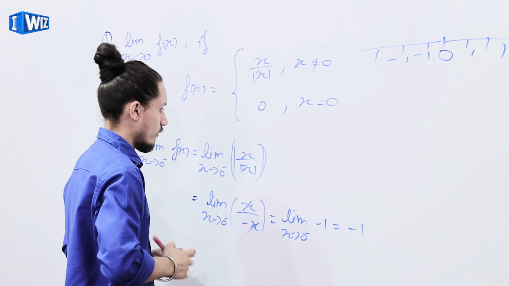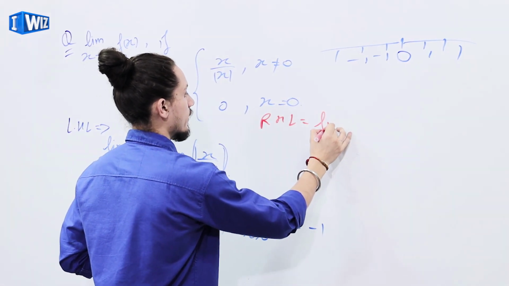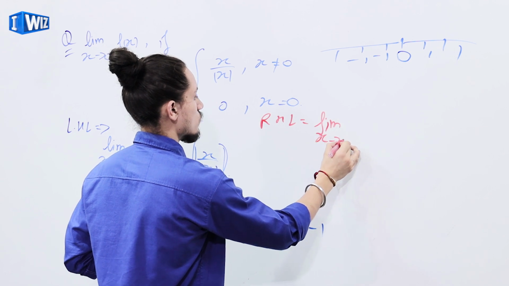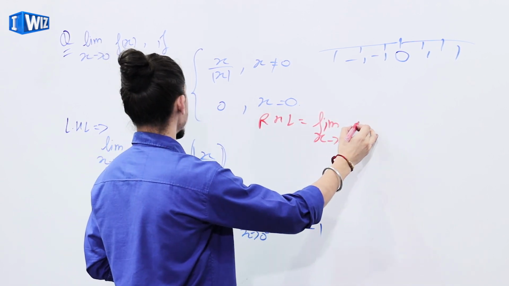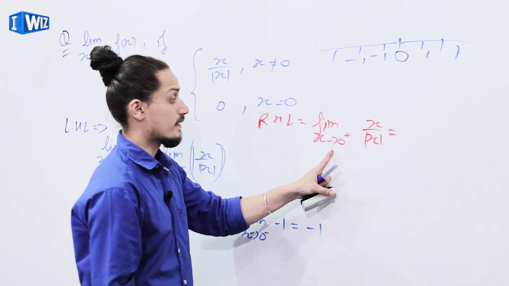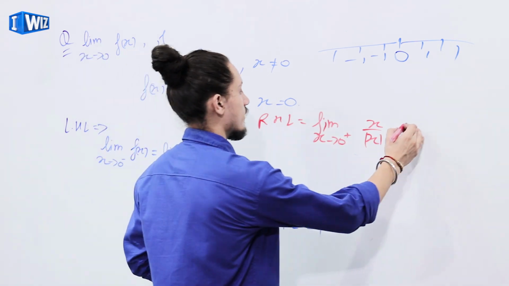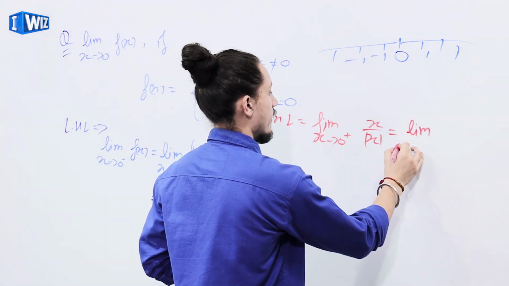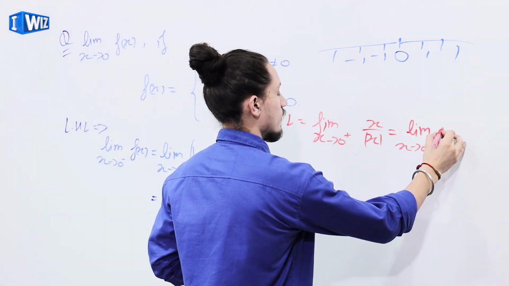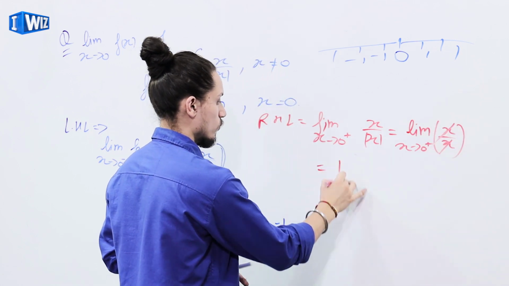Cool. So for right hand limit we have limit x approaches to 0 positive x upon x mod is equal to, now because the value is greater than 0, what will modulus of x be? Positive. So I can write limit x approaches to 0 x upon x, x cancel, which is equal to 1.